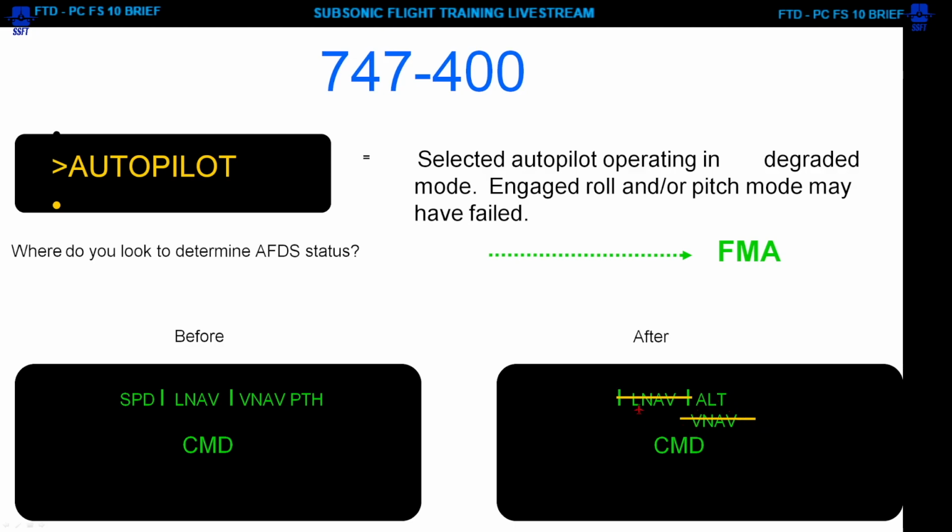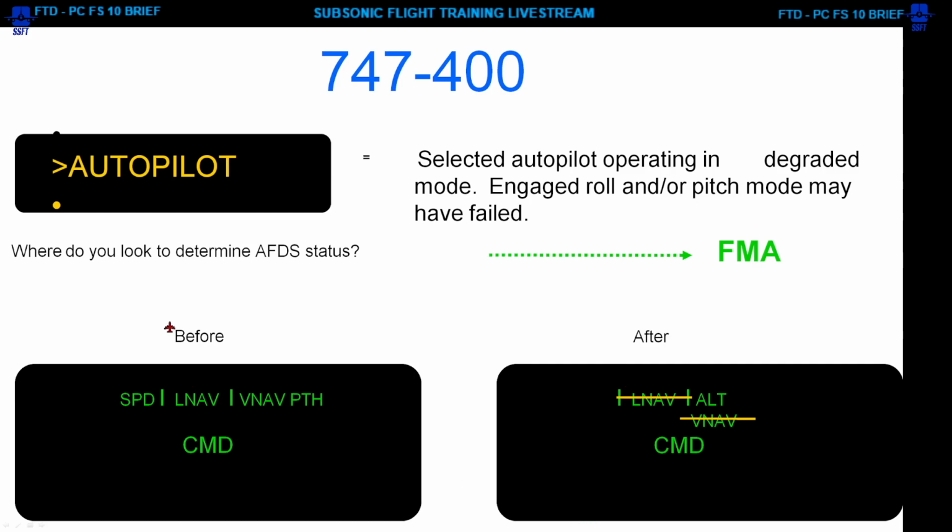So you could have an amber line through LNAV, amber line through VNAV if you're climbing. If you're not climbing, you probably have an amber line through LNAV and altitude hold message because it came out of VNAV path and it went to alt. You'll also notice that the auto throttle disengaged as well.